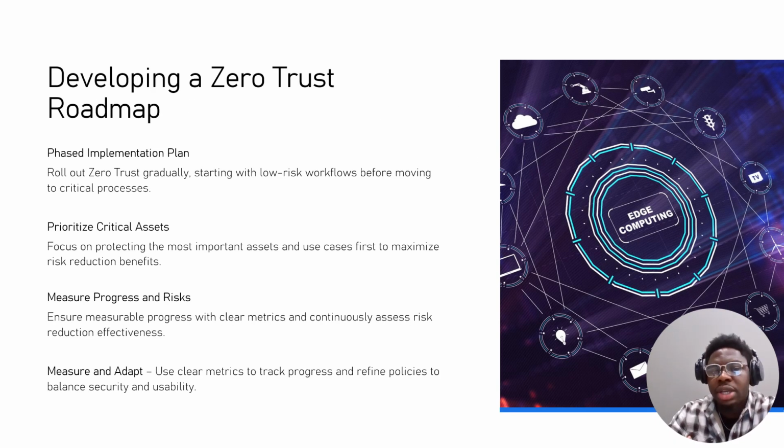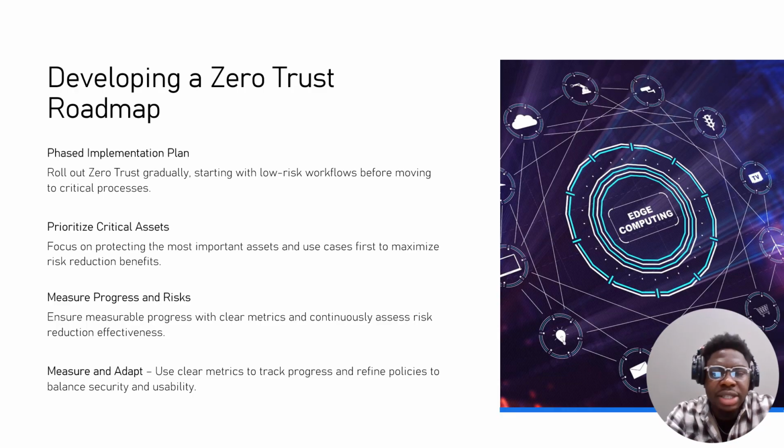Now, developing a zero trust roadmap. This is kind of like a roadmap a company is going to follow if they want to implement zero trust. Phased implementation plan: before implementing zero trust, a company or organization needs to roll out zero trust gradually. They need to start with low risk workflows before moving to critical processes.